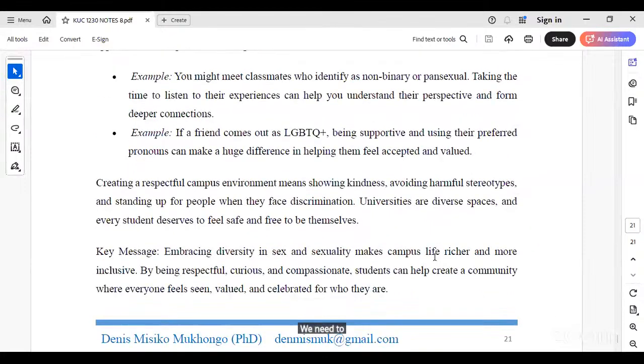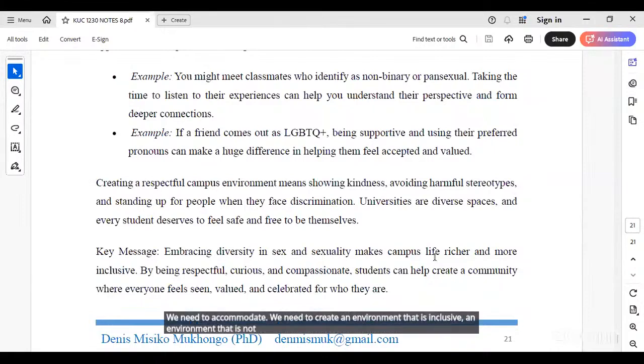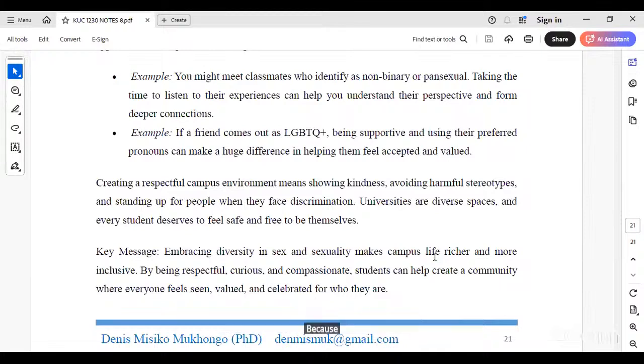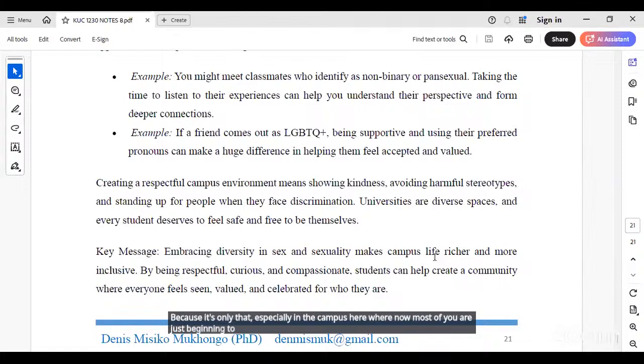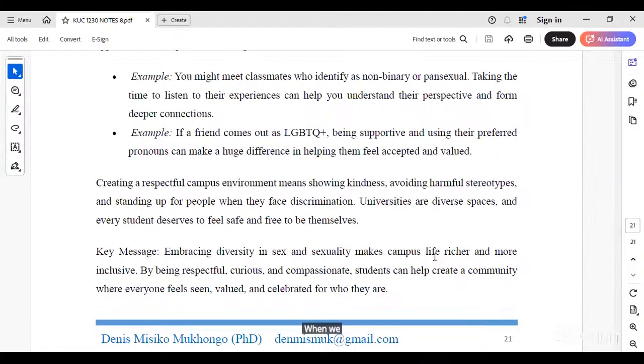We need to create an environment that is inclusive, an environment that is not discriminative. Because it's only that, especially in the campus here, where now most of you are just beginning to realize, beginning to identify yourselves. When we embrace that diversity, it will make campus life to be richer.